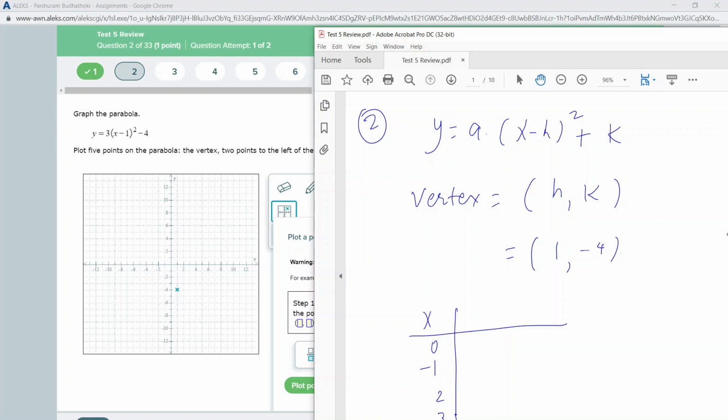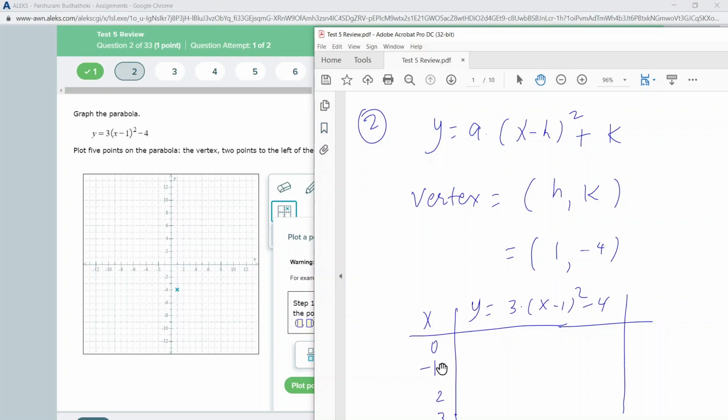The left and right comes from the x coordinate. So the value of y can be calculated by using this equation we have been given, which is y equals 3 times x minus 1 squared minus 4. Just plug that in, and these are the points. That's up to you which point you would like to pick, but you need to pick 2 points to the left and 2 points to the right of this point.